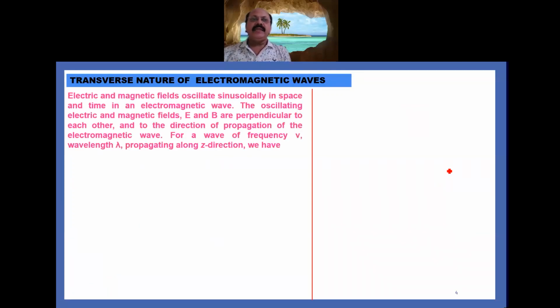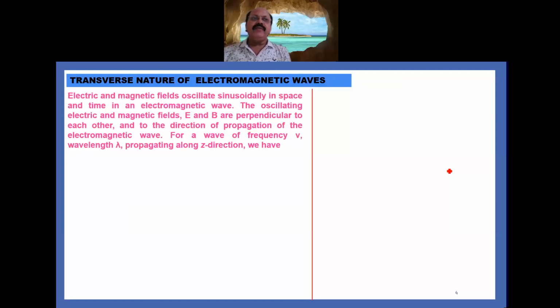As you know, electric and magnetic fields oscillate sinusoidally in space and time. In an electromagnetic wave, the oscillating electric and magnetic fields, say E and B, are perpendicular to each other and to the direction of propagation of the electromagnetic wave.